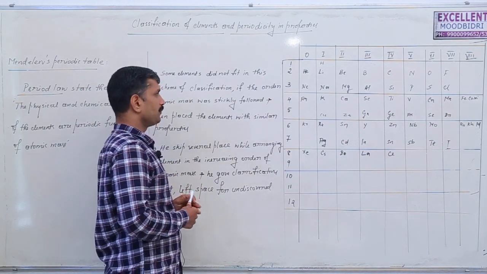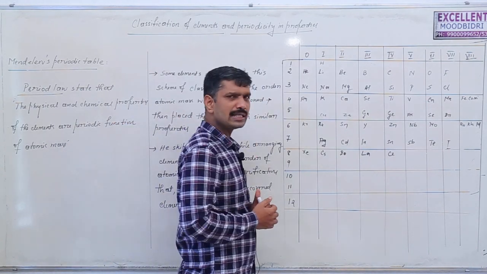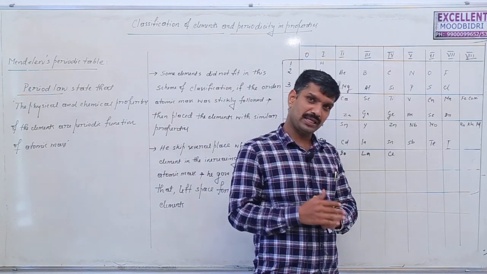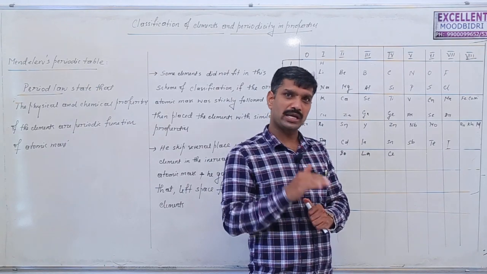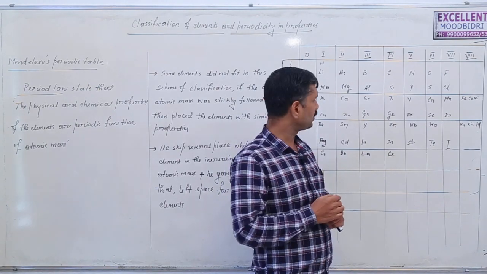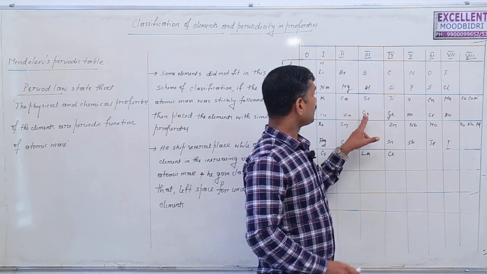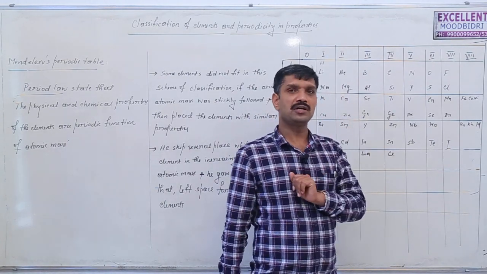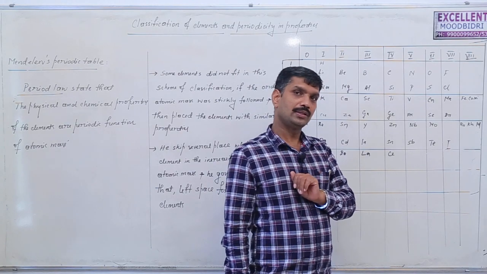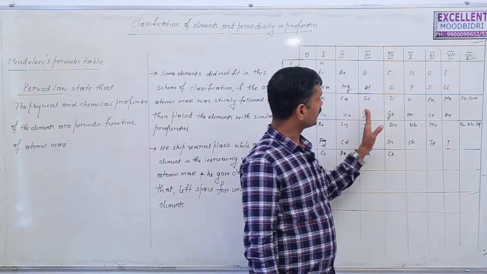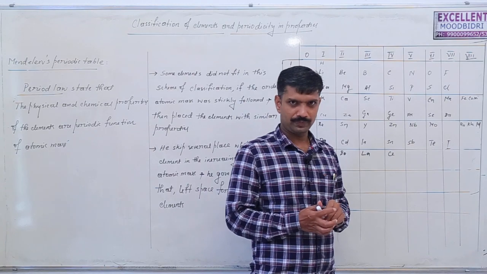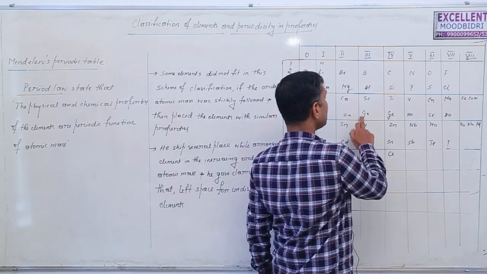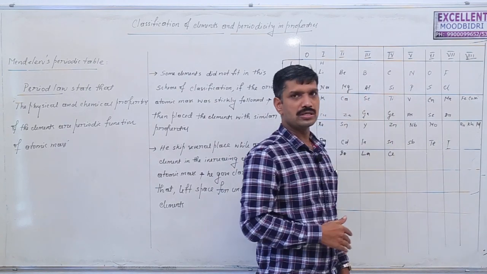One more point: while arranging the elements in increasing order of atomic mass, he left some space for the undiscovered elements. For example, gallium and germanium were not discovered at the time the Mendeleev periodic table was published.